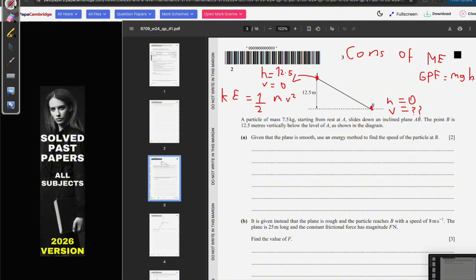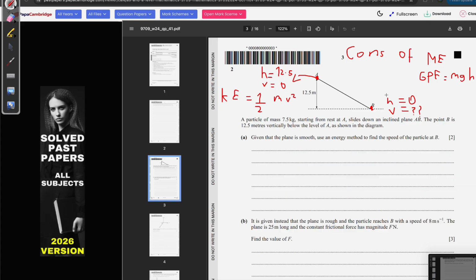So what we can do here is equate kinetic energy to gravitational potential energy, because there is no kinetic energy at point A and there is no gravitational potential energy at point B.